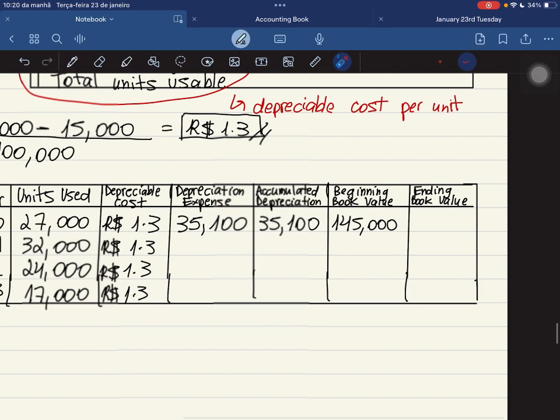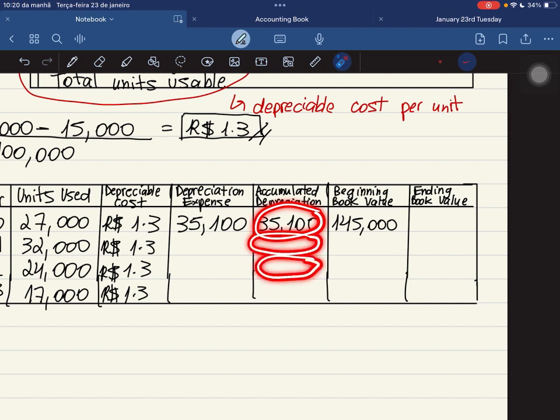The ending book value is going to be our beginning book value minus the depreciation expense. Here you have to be very careful, because this accumulated depreciation, moving on, is going to add up all of the depreciation expenses from this column. So if you subtract the accumulated depreciation from the beginning book value, it has to be wrong. Why is that?